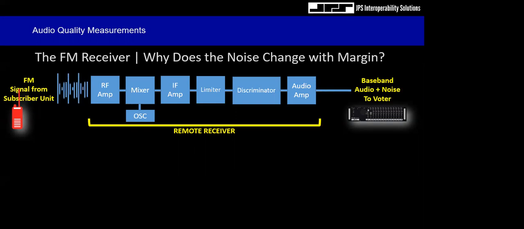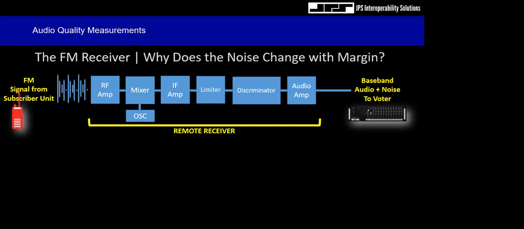So how do we deal with the noise, or why do we have noise? One of the nice things about FM conventional communication is, for the most part, if I have a really nice fully quieted signal coming in from my left-hand side, my subscriber unit, that discriminator will be able to detect the instantaneous frequency delivered from that carrier and turn that into audible energy or information that you and I can hear.